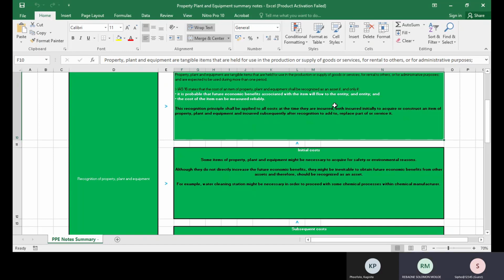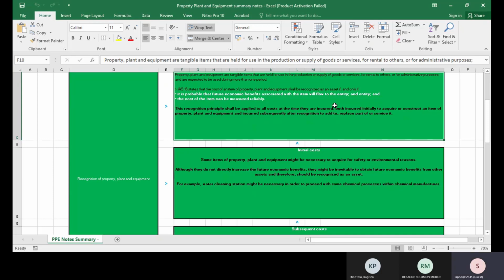With that plant for producing milk, how can you prove that it's probable that you will actually generate future economic benefits? How can we tell? Because read here, it says it's probable that future economic benefits associated with the item will flow to the entity. How do you prove that probability criteria?